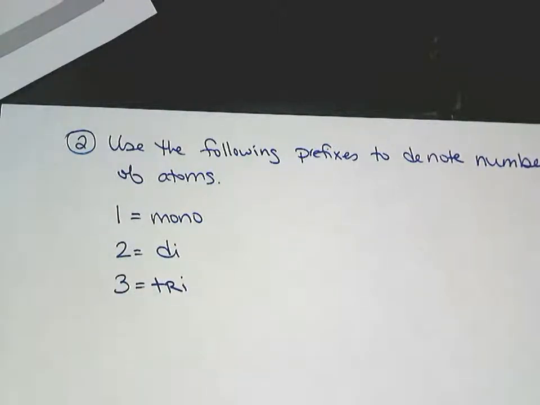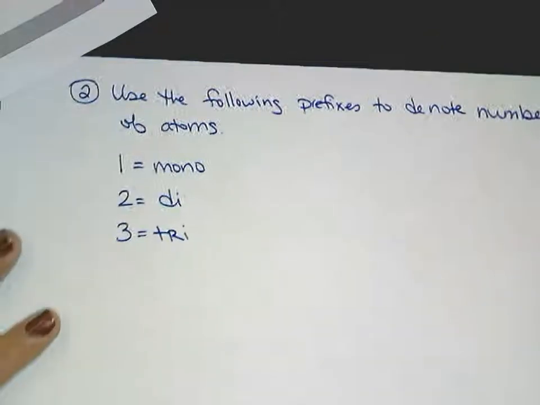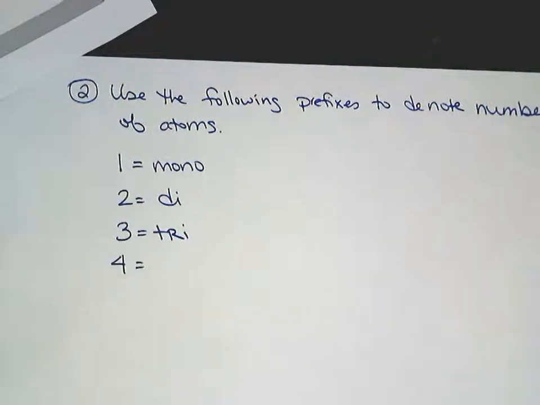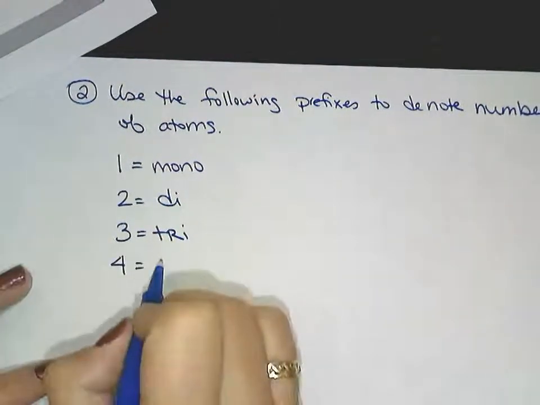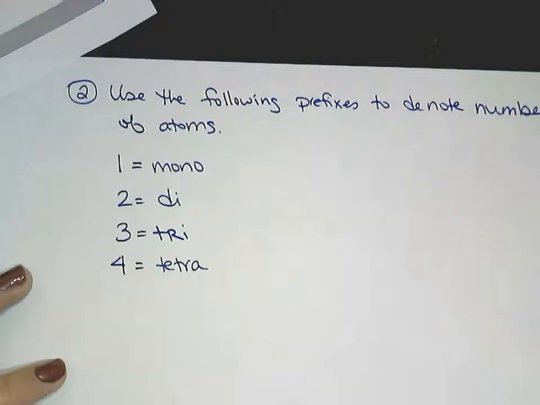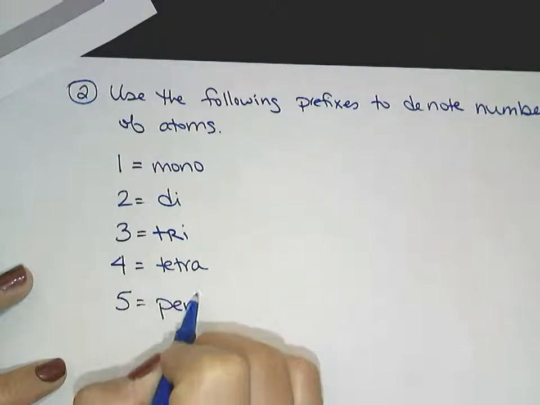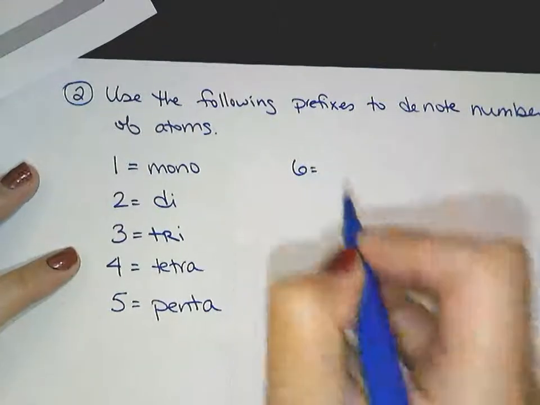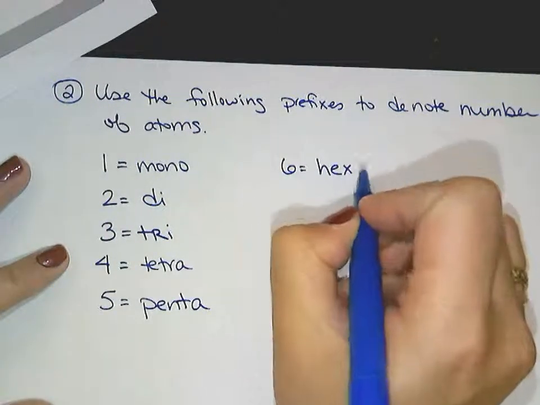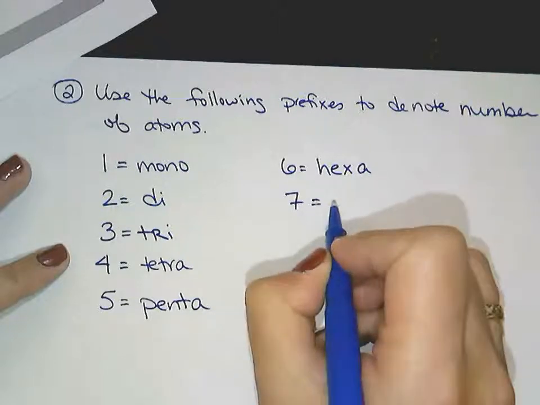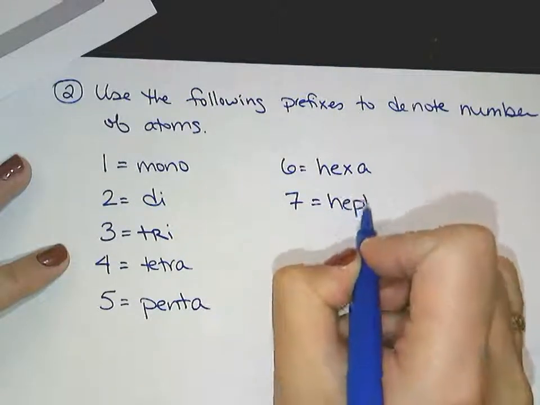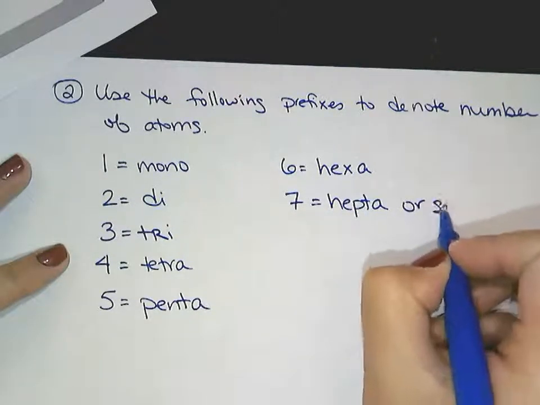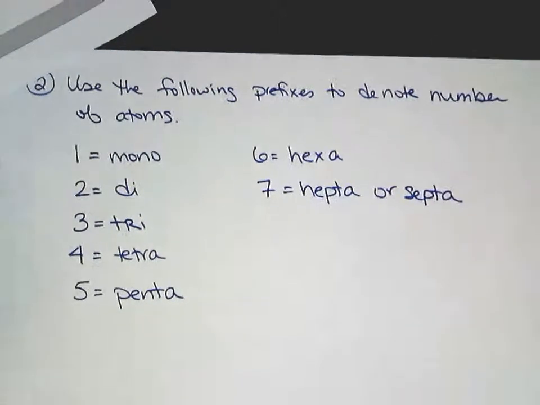All right, so 2 is di, 3 is tri, 4 is tetra, penta, so mono, di, tri, tetra, penta, hexa. 7 has 2 options, both of which are fine, hepta or septa.